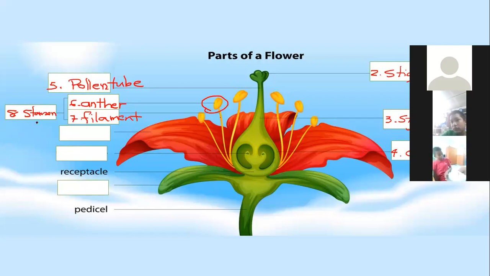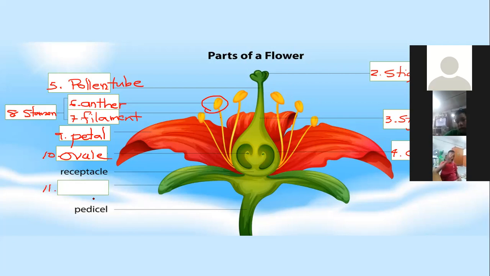Stamen are the male part of the flower. Number 9. Petal, not P, petals. Okay, petal. How about number 10? Ovule. Okay, ovule. Number 11.